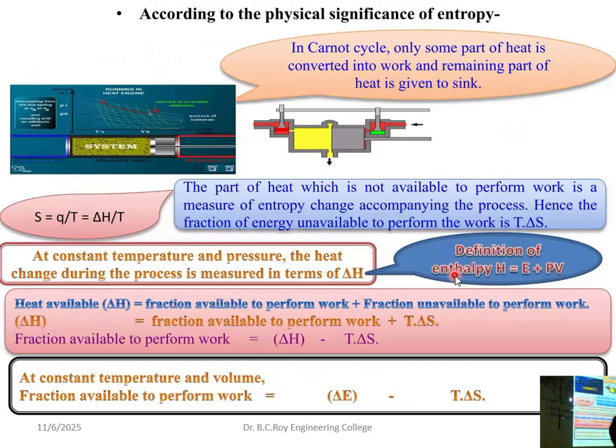What is S? Entropy, absolute entropy. K is the Boltzmann constant. Ln is log, and W is thermodynamic probability. This thermodynamic probability is related to the degrees of freedom of the molecules.